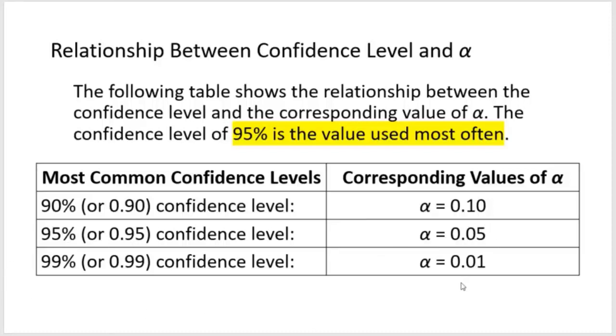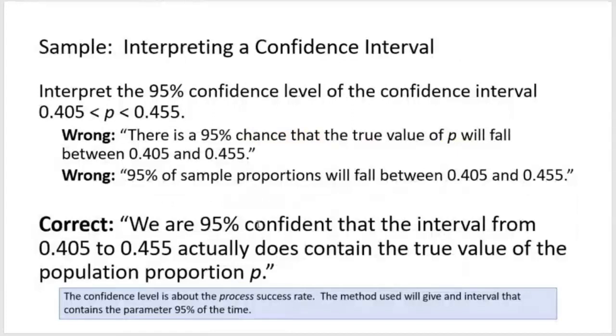So you can see the connection between those. And these are the three that we will use most often, 90, 95, and 99, and their corresponding alphas are 10, 5, and 1. 95% is the one we use the most often, though. So 95% and that alpha of 0.05.